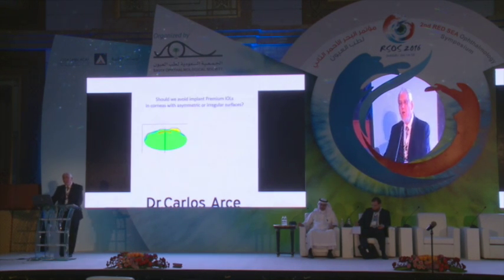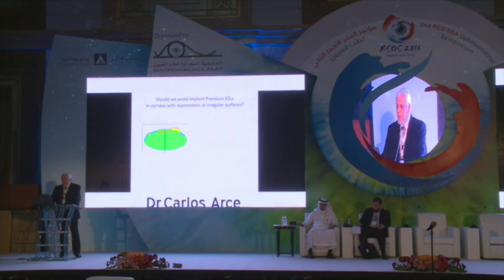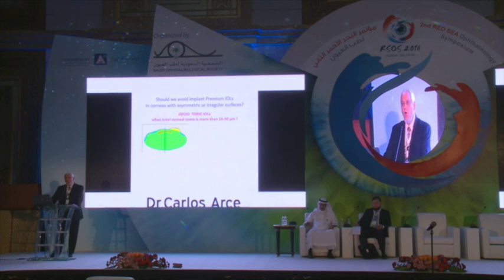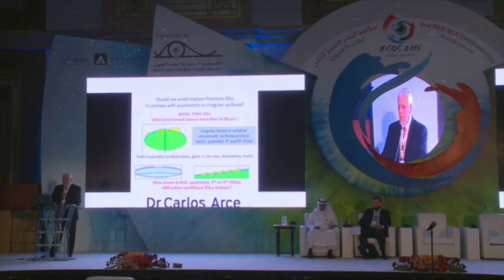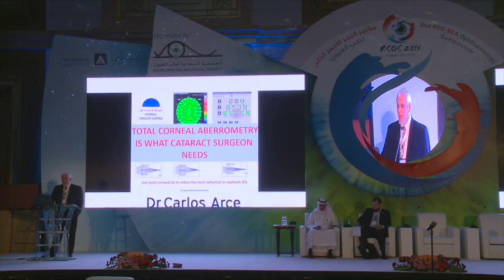And we always ask, should we implant premium IOLs in corneas with asymmetric or irregular surfaces? No. So we should avoid toric IOLs when the total corneal coma is more than 0.5 microns. What is the aberrometry the cataract surgeon needs?